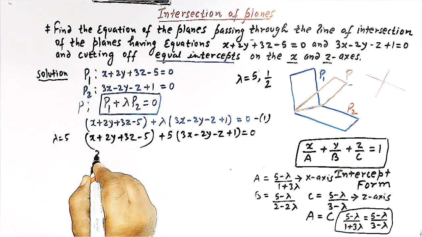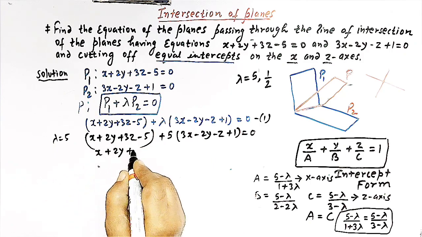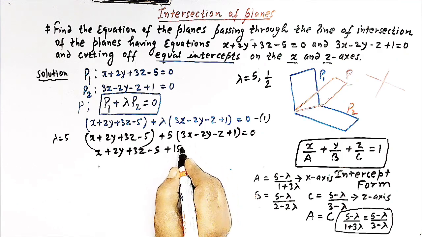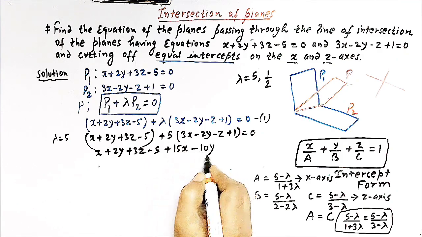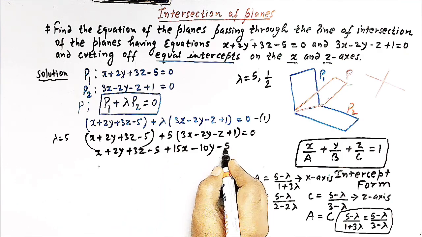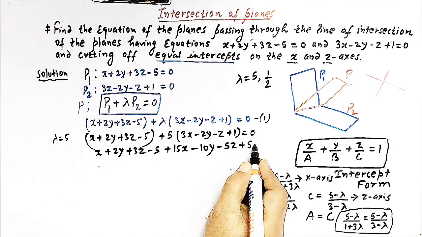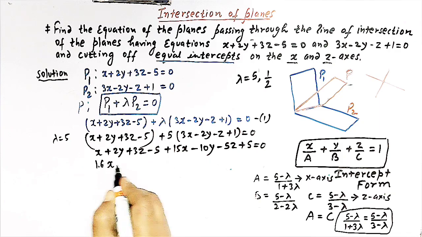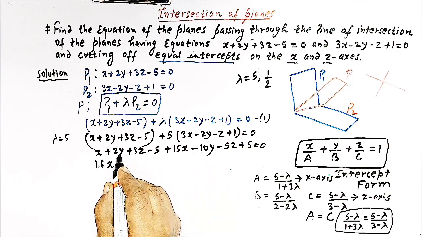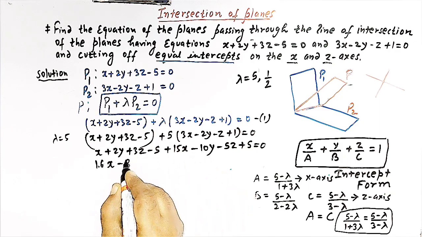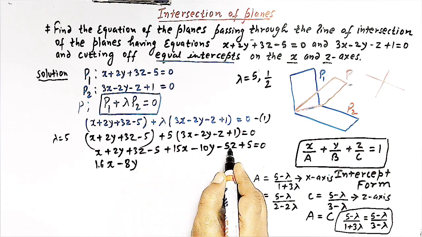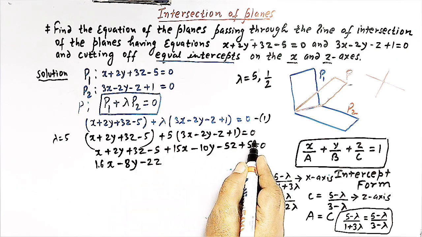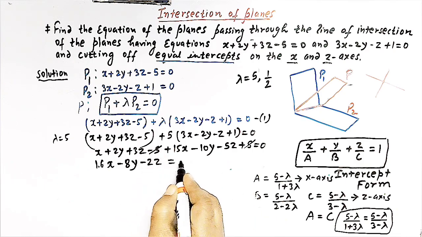So simplifying it, we have x plus 2y plus 3z minus 5, and this is 15x minus 10y minus 5z plus 5, right? So 15x plus x is 16x, then we have 2y minus 10y is minus 8y, 3z minus 5z is minus 2z, minus 5 and 5 get cancelled, right?